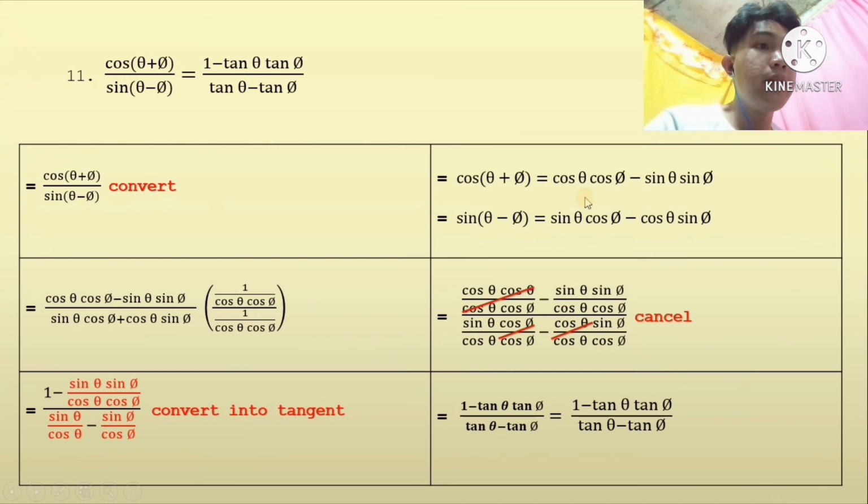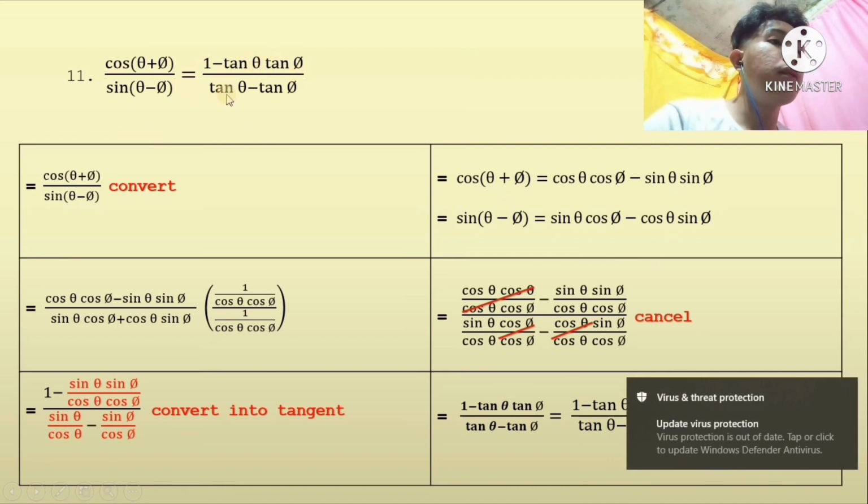Problem number 11. Let's prove cosine of (theta plus phi) over sine of (theta minus phi) is equal to (1 minus tangent theta times tangent phi) over (tangent theta minus tangent phi).